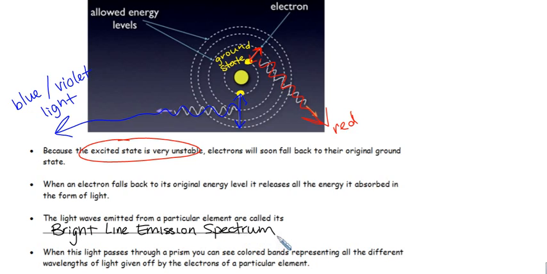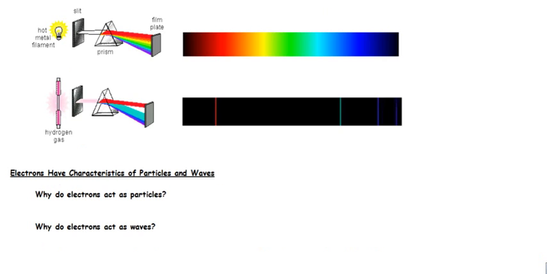So it's specific bands of color that you'll see when you run the light through a prism, and it's unique to each particular element. So it's in a way a good lab technique for identifying an unknown element, which is exactly what we're going to use it for. So here's kind of the deal. If you run white light through a prism, it's going to separate and give you all the colors of the visible light spectrum, all the colors of the rainbow.